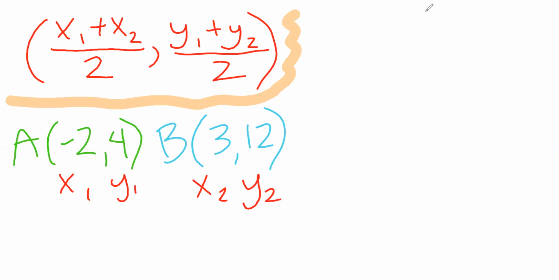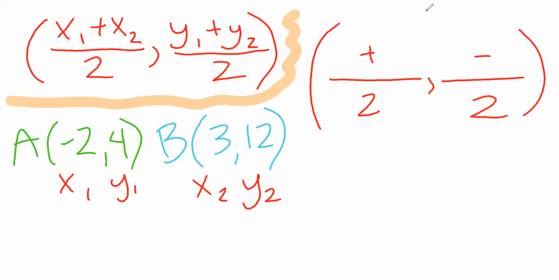But following the formula, we're going to substitute in our values, add them together and divide by 2, add them together and divide by 2. So let's go ahead and substitute in those values. We have our x1 is -2, our x2 is 3, our y1 is 4, and our y2 is 12.